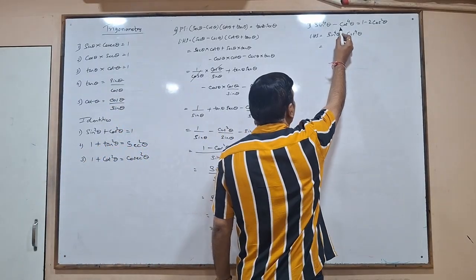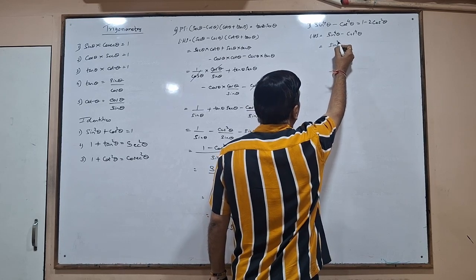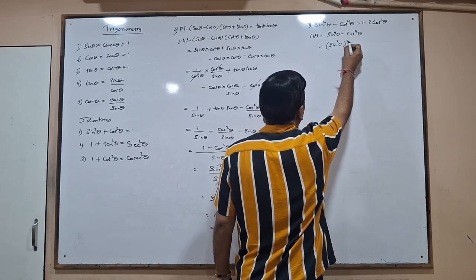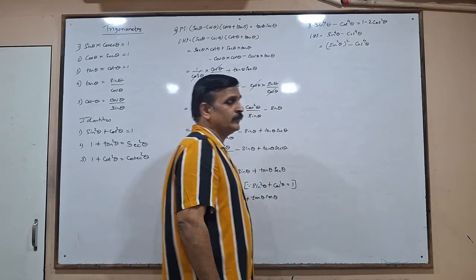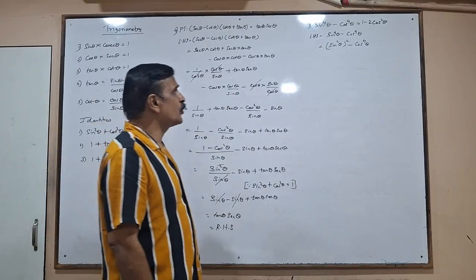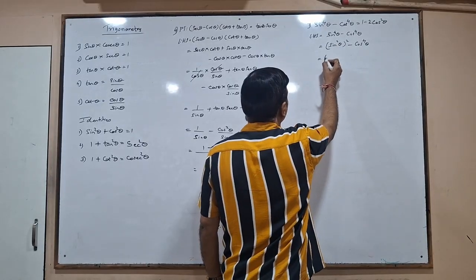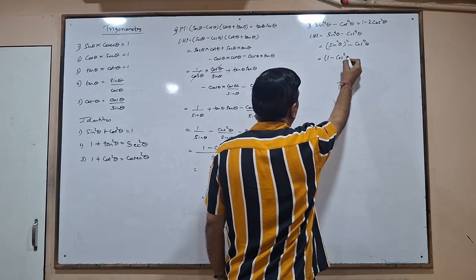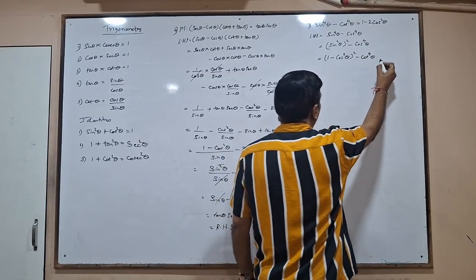It means I have to convert this raised to 4 to square, which will be sin square the whole square. I won't convert this presently, I'll keep it as it is, because I want cos, I'll not do anything with it. Sin square the whole square. As I know, sin square can be converted to cos square. It is 1 minus cos square. So it will be cos raised to 4 theta as it is.